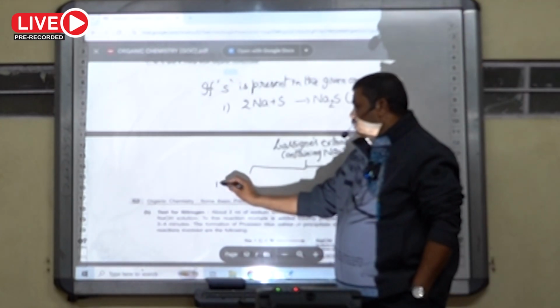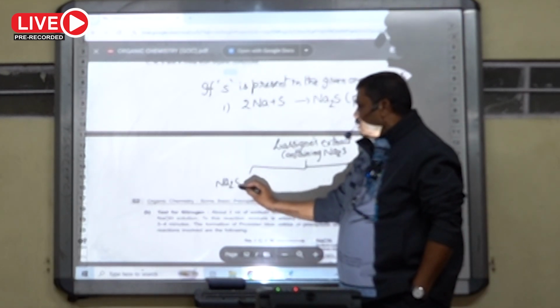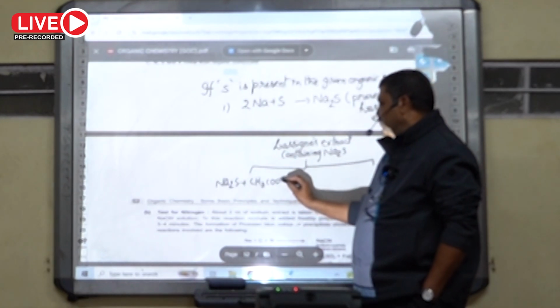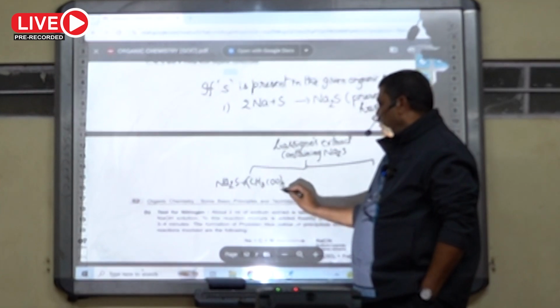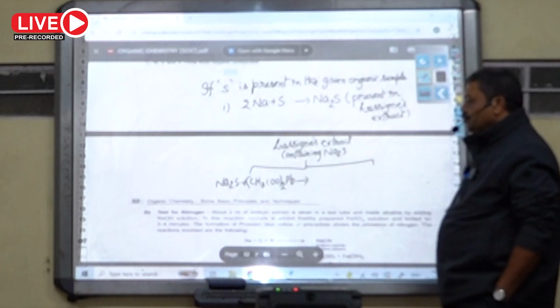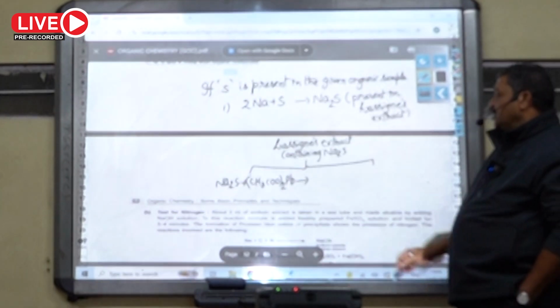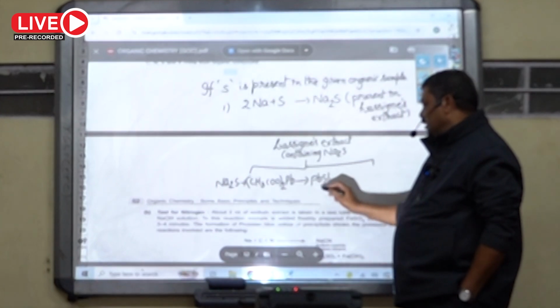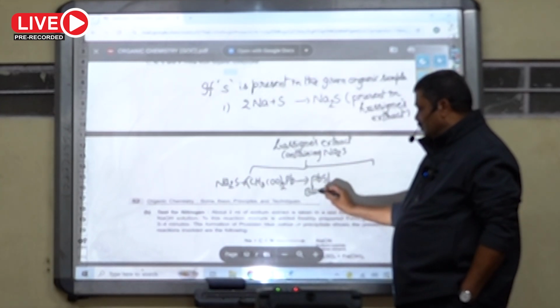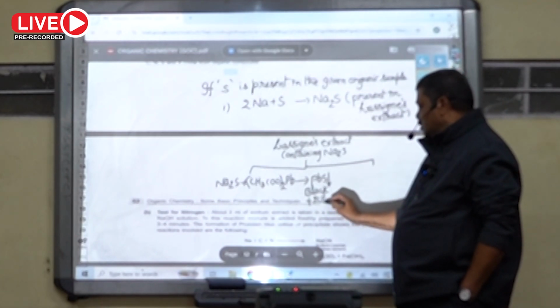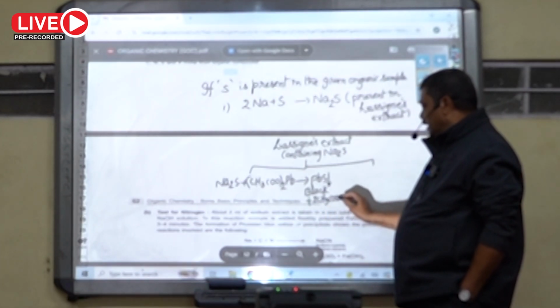For the first part, you add lead acetate. Immediately you will get a black color lead sulfide precipitate, plus 2CH3COONa.